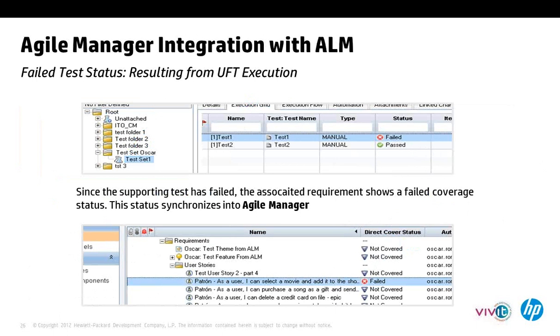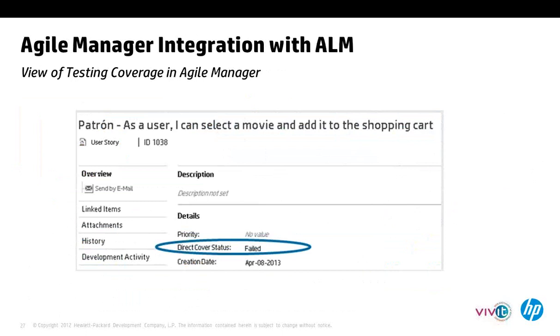This was actually a requirement that was synced from Agile Manager as a user story, and you can see on the next screen that that same test case, the status of that test or the metric against that test, shows up against the user story in Agile Manager. So what you see on your screen right now is the screen for Agile Manager, and the test that was executed in ALM, which you just saw in the previous slide, that failed test, its result, can be synchronized back to Agile Manager.